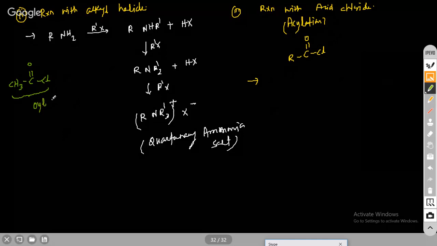If halogen is there, the general name is oyl halide. But since chloride is there, and remember one thing, we start numbering from the carbon of the functional group. So 2 carbons are there, so we call it ethanoyl chloride, the IUPAC name.